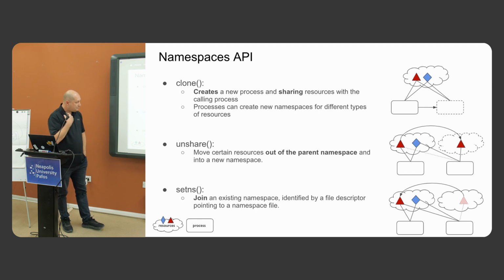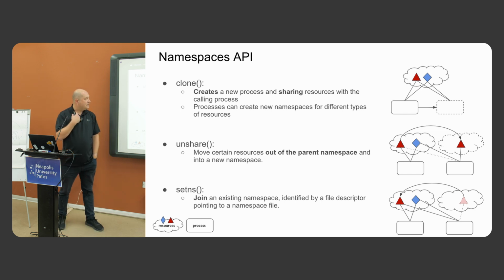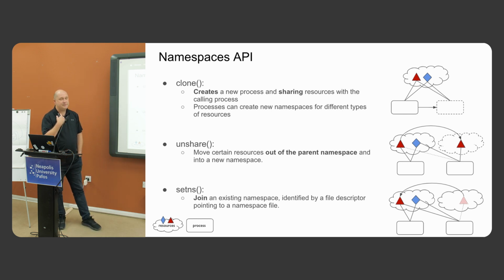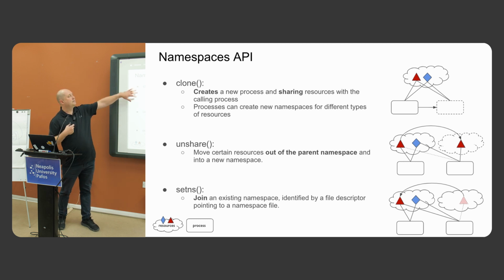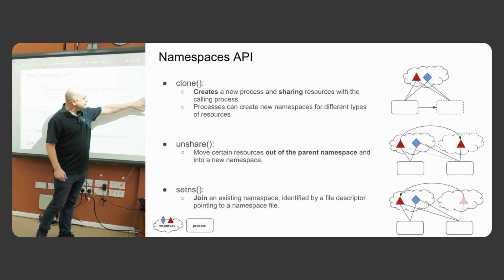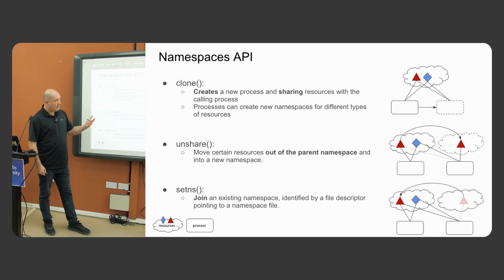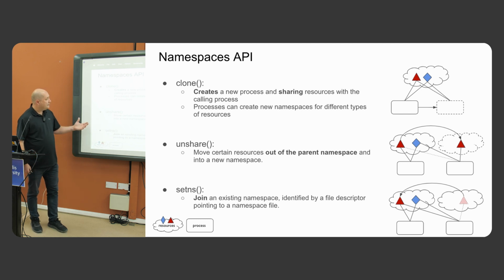Okay. What kind of interface do we have for namespaces? It's only three system calls. Clone, we already know, right? If we have some process, we make a copy, make a clone actually, and automatically all resources are shared between the creating process and the process which is created, right?